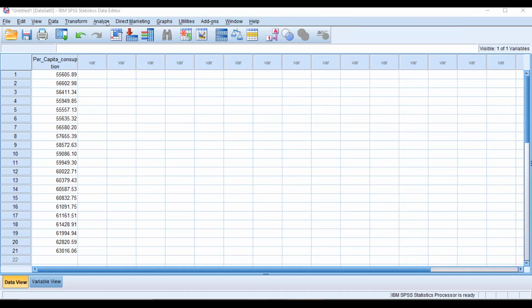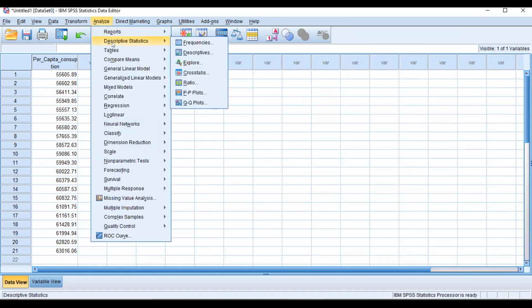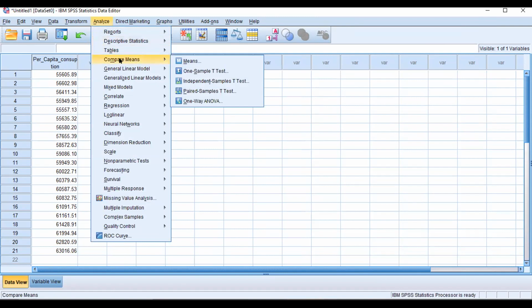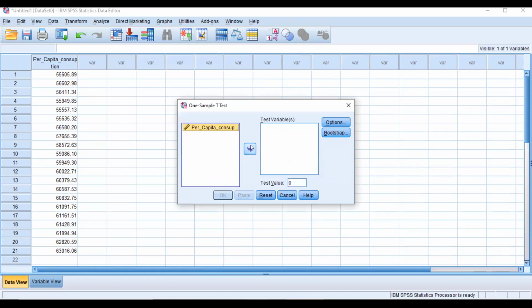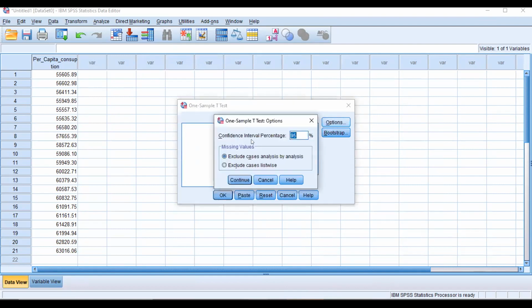So first, what we will do is go to Compare Means. In Compare Means, we have the one sample T test, and we will take this. Suppose this is my variable and it is measured on a scale. Then options: the confidence interval, of course, we have to decide.